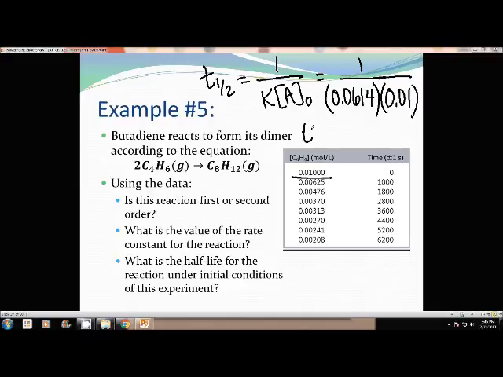So when I solve that out, the half-life is 1,630 seconds.